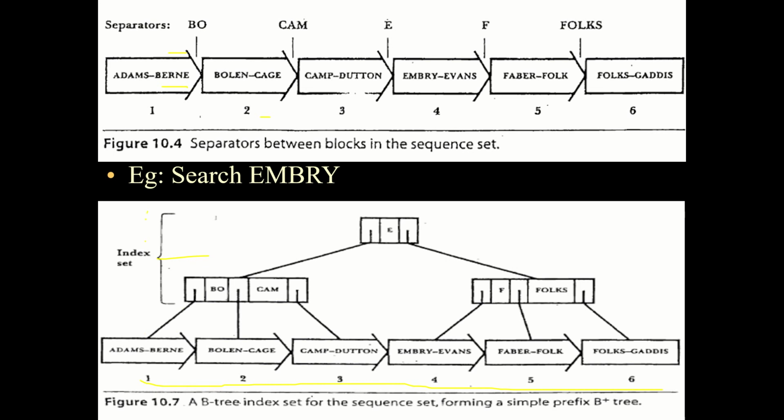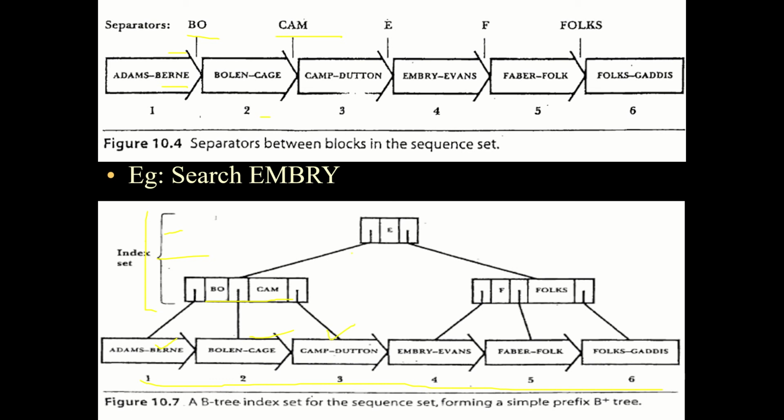The index set is nothing but the separators which we have designed above. So here it is BO and CAM. In the sense of B1 and B2, the index set is BO and CAM. Okay, so that becomes our index for the blocks B1, B2 and B3.